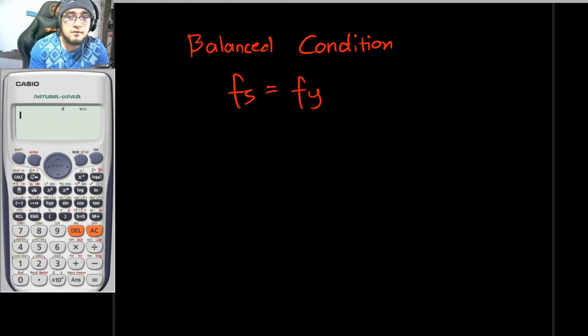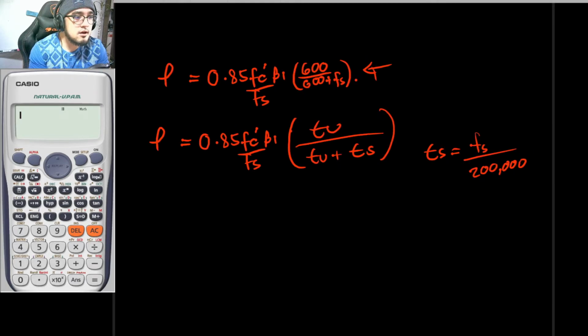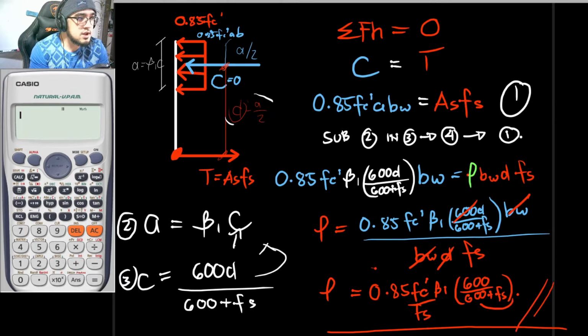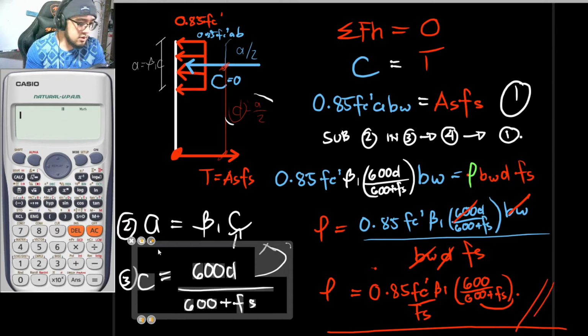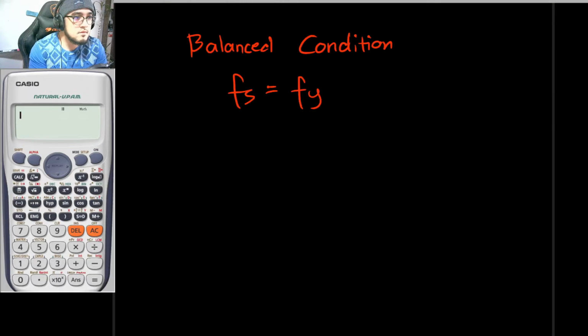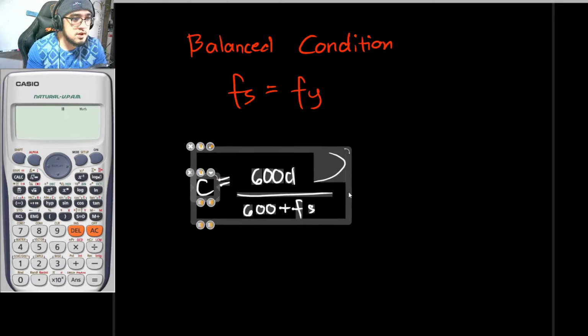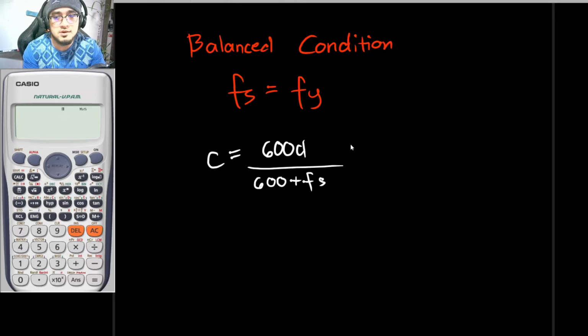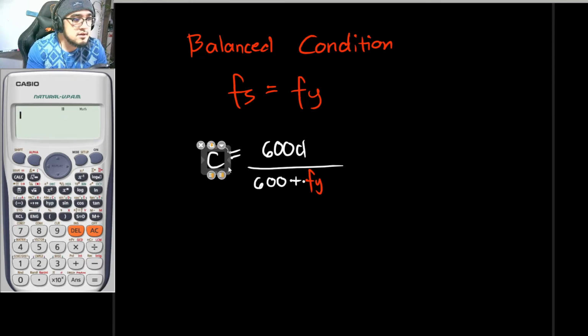So this is for your balanced condition. Let's say that this is the particular equation. If we substitute Fs as Fy, this is now equal to Fy. This is now what you would be calling your c balanced.